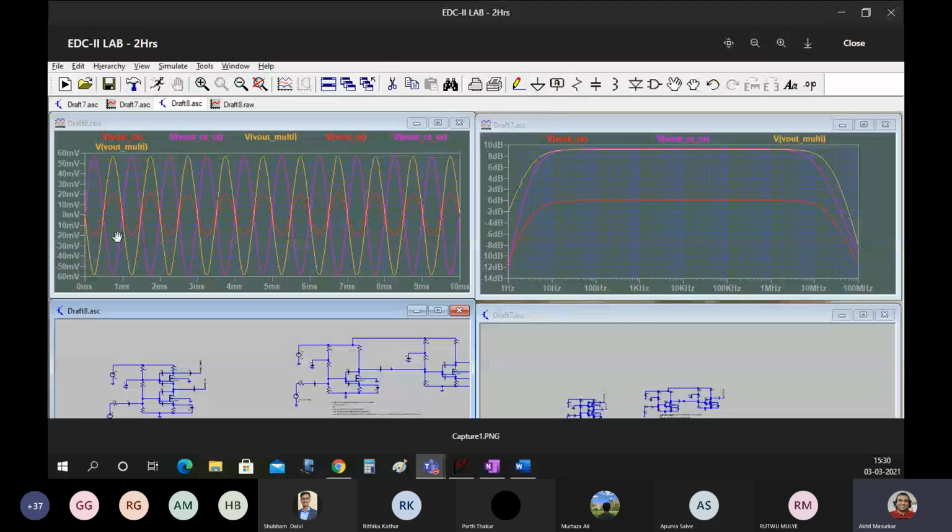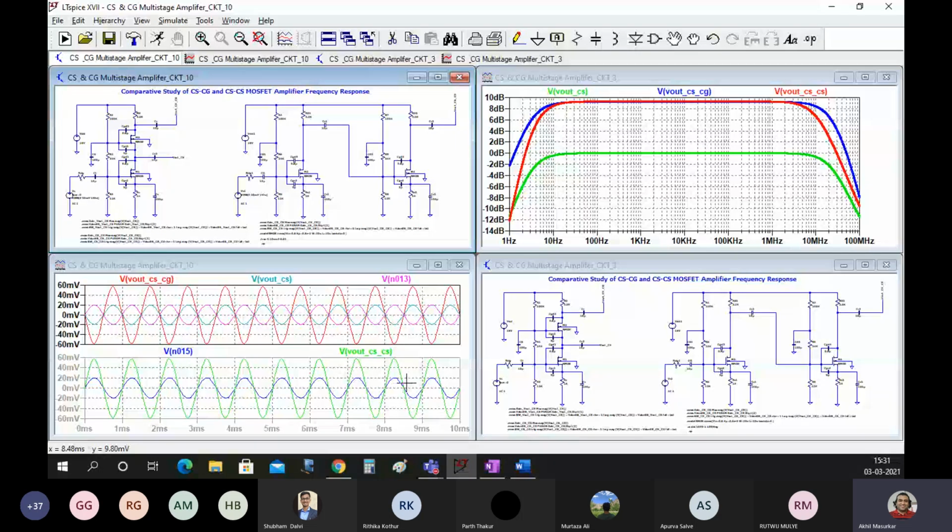Like this. So for CS we will have two, only input and final output. But for CSCG, we are having, apart from input and final output, we are also having the intermediate one, which shows me that amplitude is same, but there is a phase reversal of 180 degrees.